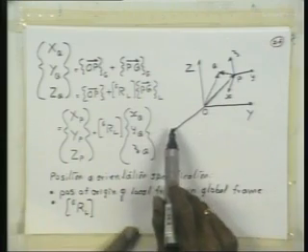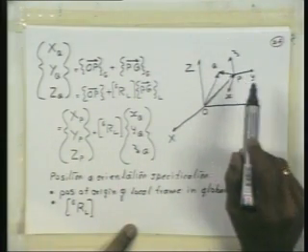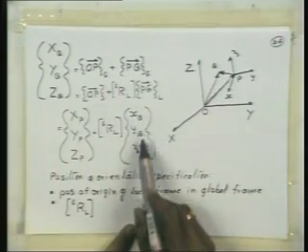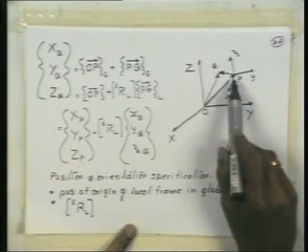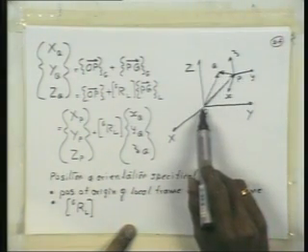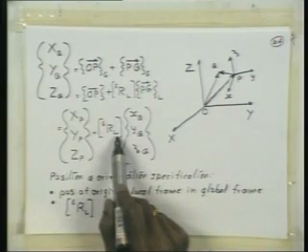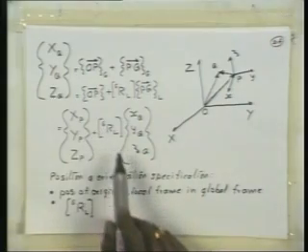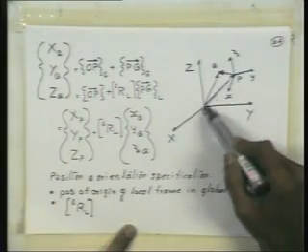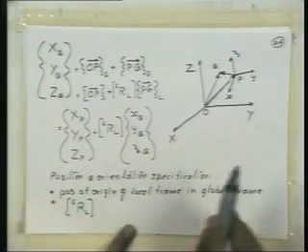Now the transformation itself: if you have a point Q on the rigid body, and if it is described by this vector small x q, small y q, small z q in the local frame, its coordinates in the global frame is given by pre-multiplying that with this rotation matrix, which takes vectors from local to global frame, and added to that this particular vector which gives the position of the origin of the local frame in the global frame, that is this vector.